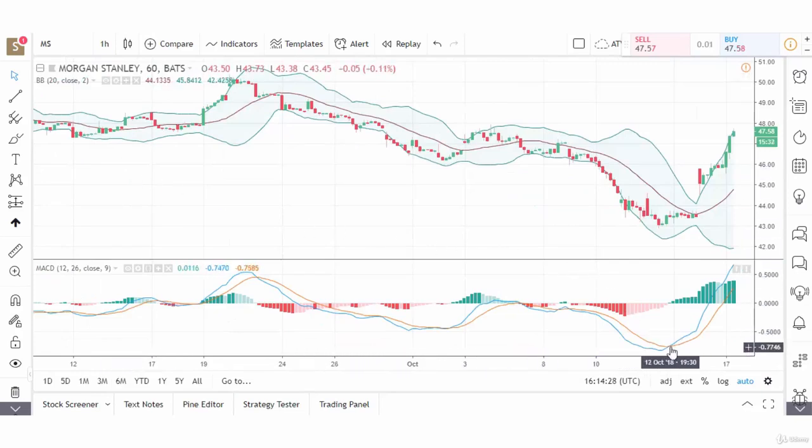And we see on an hourly chart that the MACD has already gone to a buy, and the stock has moved higher in the Bollinger Bands. So here on an hourly chart, we may want to wait for a pullback to the 20-day moving average in order to initiate a long position if we believe the trend is starting to change based on our daily chart.